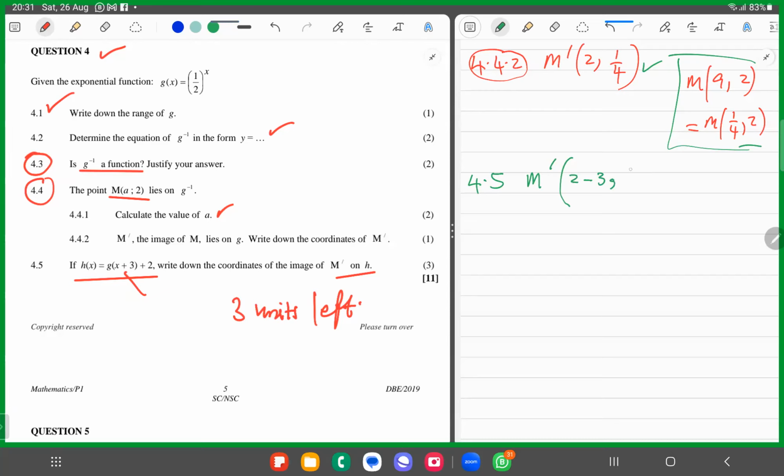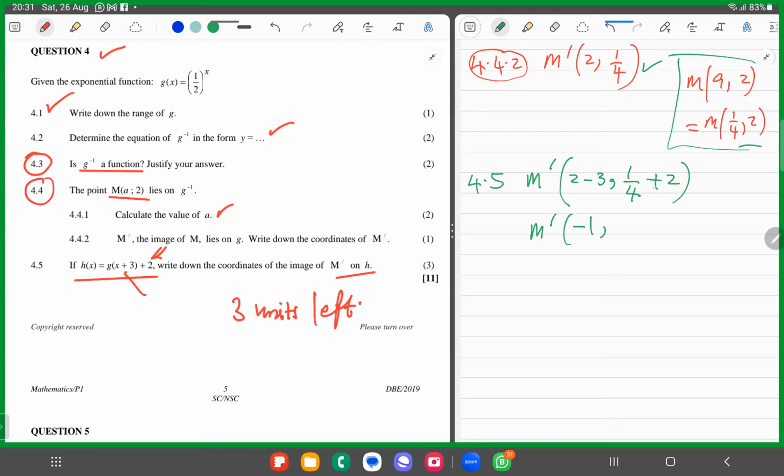And then you have 1/4. Now, the X plus 3 only affects X. Now you have the other coordinate. So if you have 1/4, you move it up, you add 2. 2 units up. So which means the coordinates of M primed will be, what is 2 minus 3? 2 minus 3 is actually minus 1.